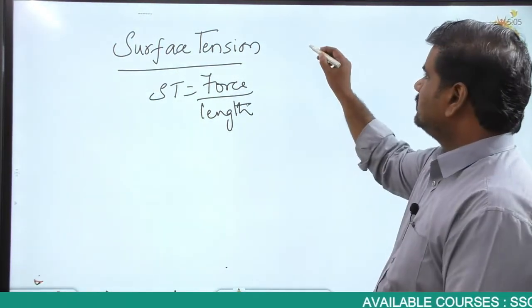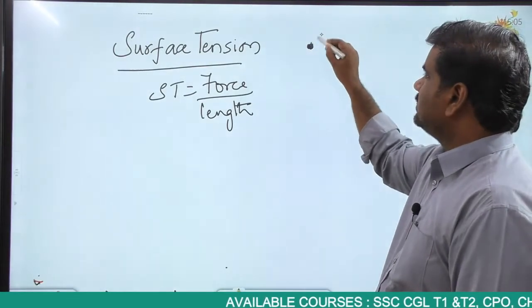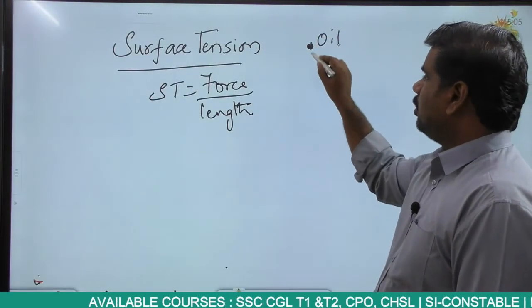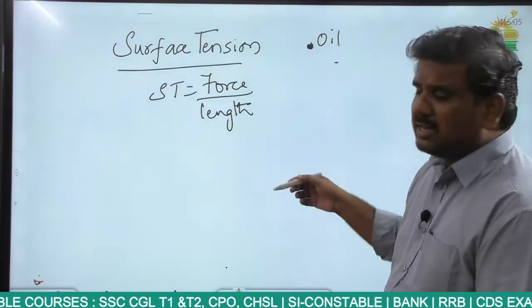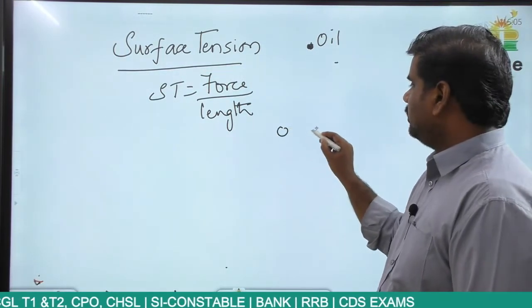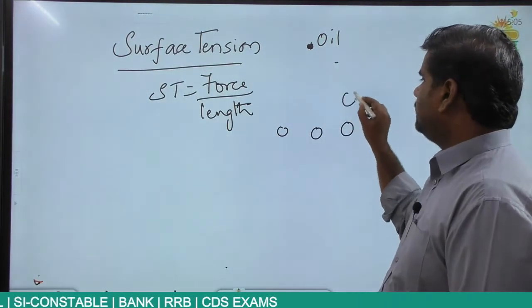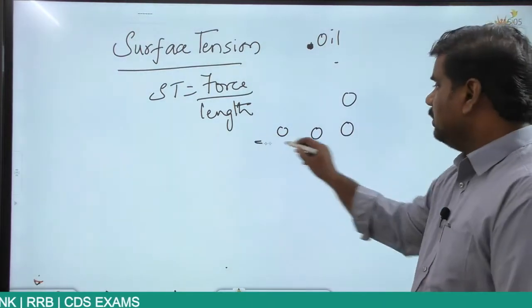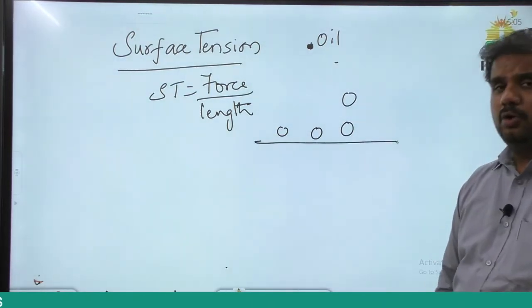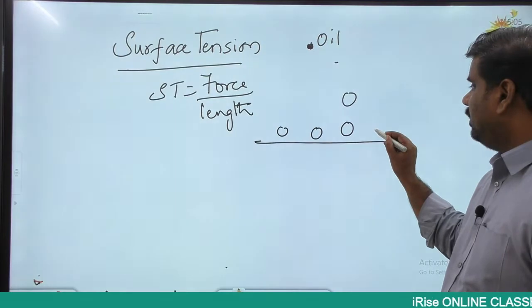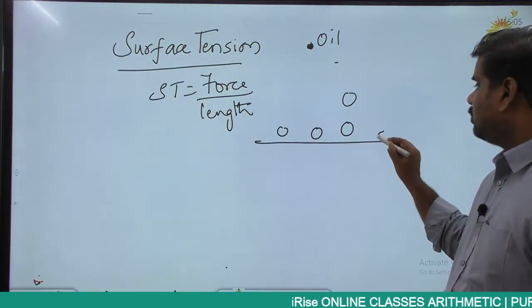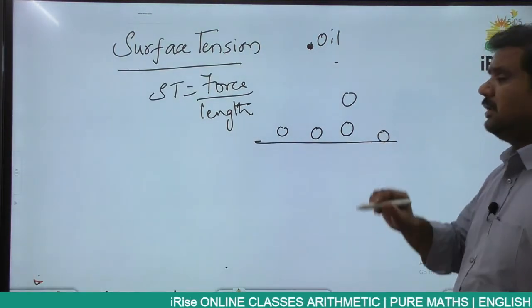Suppose you are dropping some oil from this place. The moment this oil falls onto the floor, wherever it falls, at this point or this point or any point, each and every drop will try to have the minimum cross-sectional area, something like this.